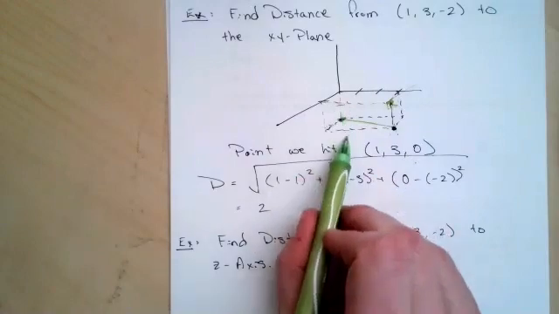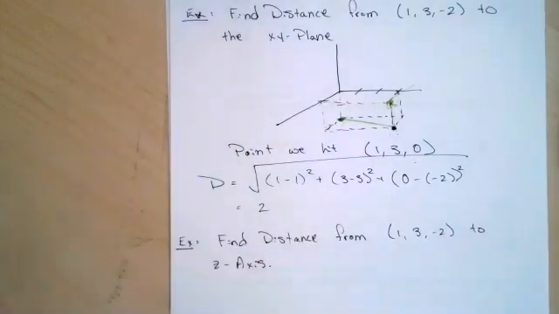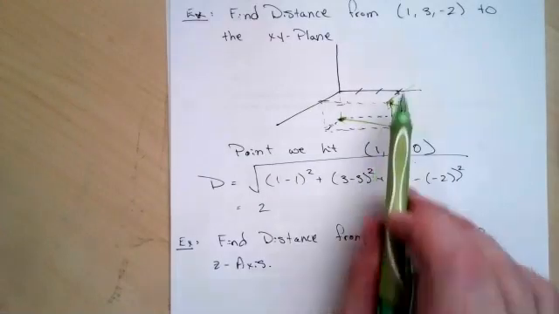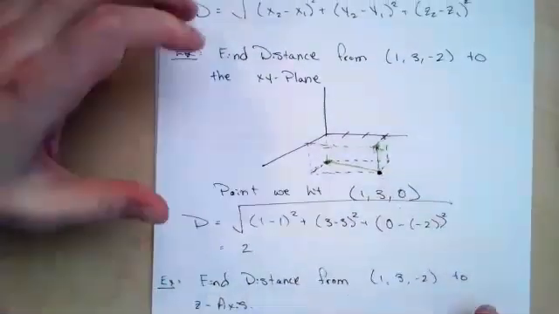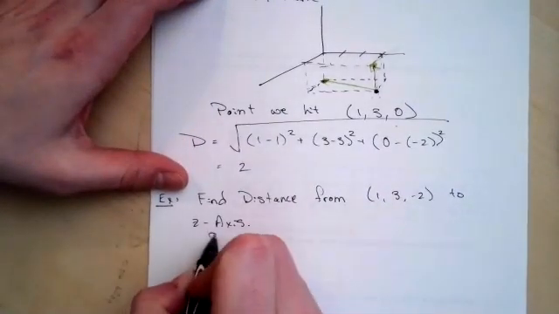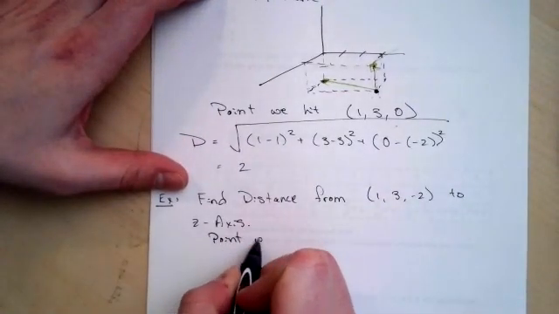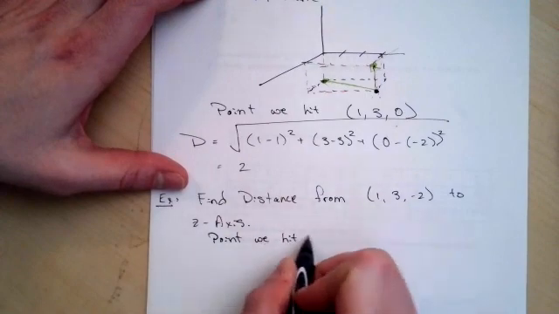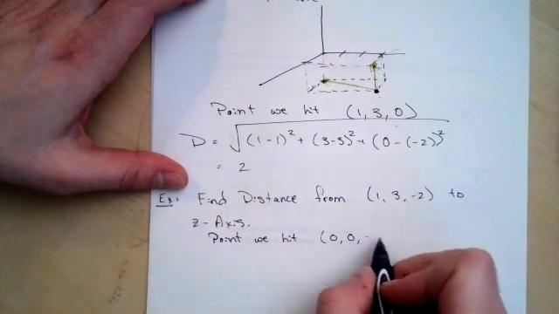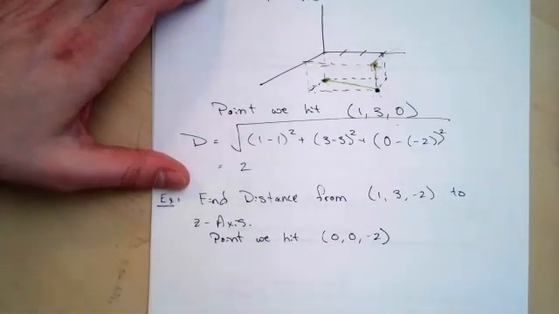That would just increase the distance that we're walking. However, we're going to change the X and Y coordinates. If we're going to hit the Z axis, our X and Y coordinates are both going to be 0. The Z coordinate stays the same.